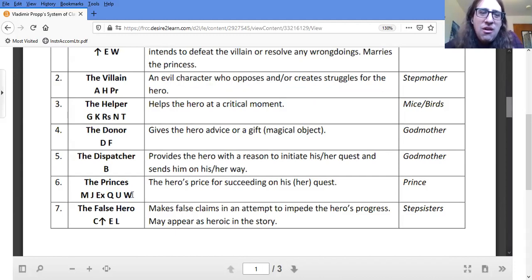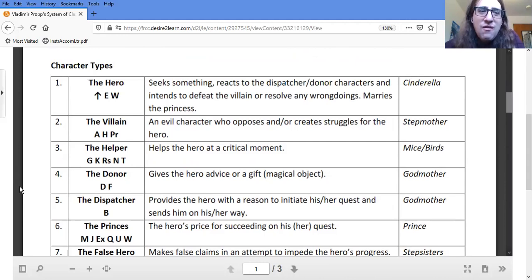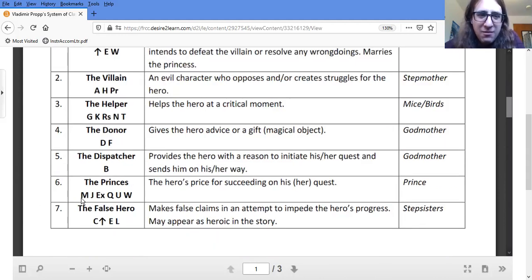But often there are other things involved, like a difficult task that the princess makes the hero undergo. We saw this with the Raven girl. She gave him these difficult tasks, which he kept failing. So he was ultimately the hero, even though the story was named after her. But in the story of Cinderella, this would actually be a prince instead of a princess. So hero and princess versus heroine and prince.